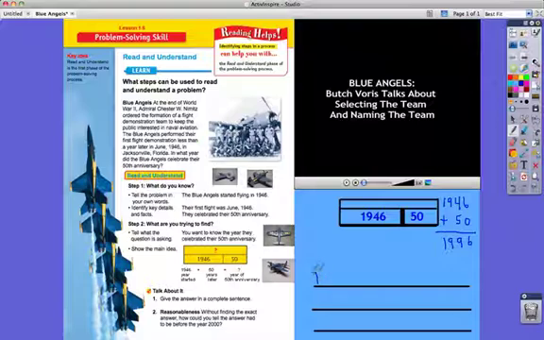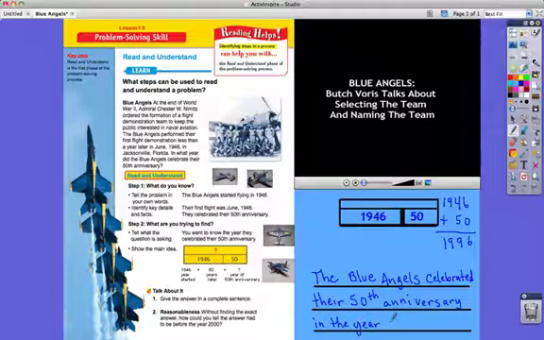So I will say, the Blue Angels celebrated their 50th anniversary in the year 1996. All right, great. That looks wonderful.